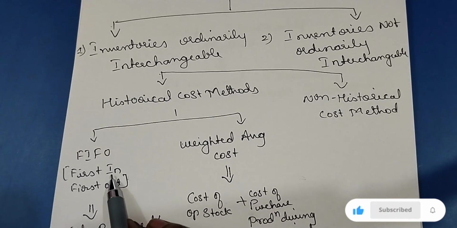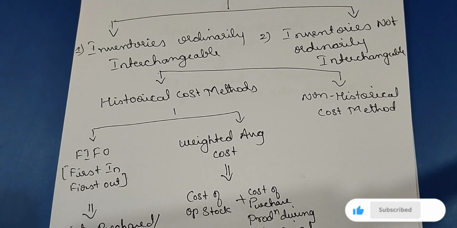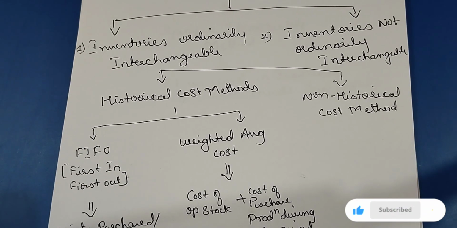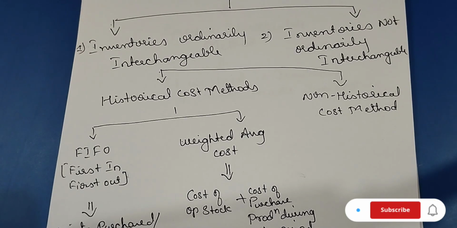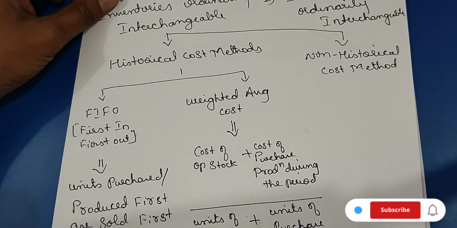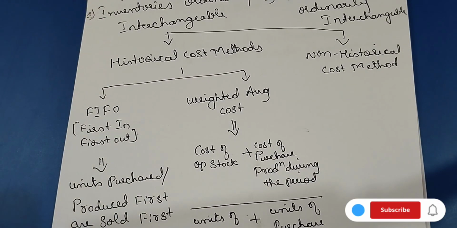FIFO means first in, first out. We are not using LIFO method while valuing the inventories. It is not legally allowed to measure under LIFO method. So only FIFO we are using. Here whatever units we have produced or purchased first will be sold first.